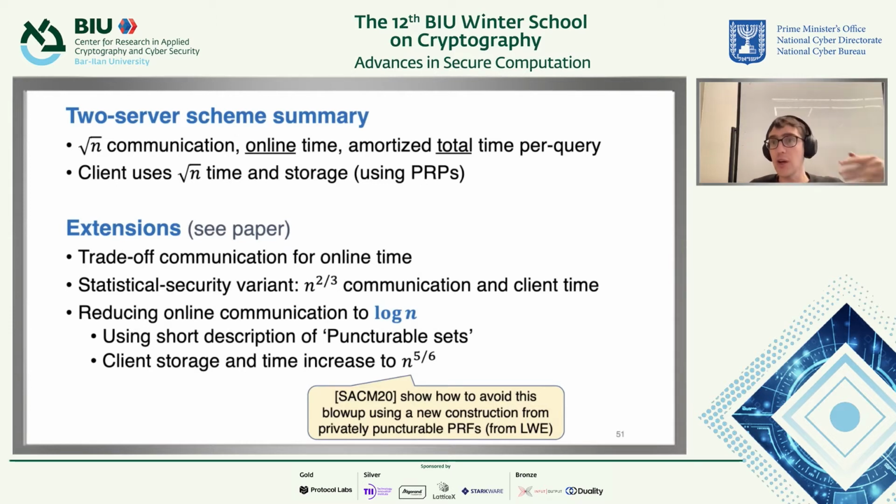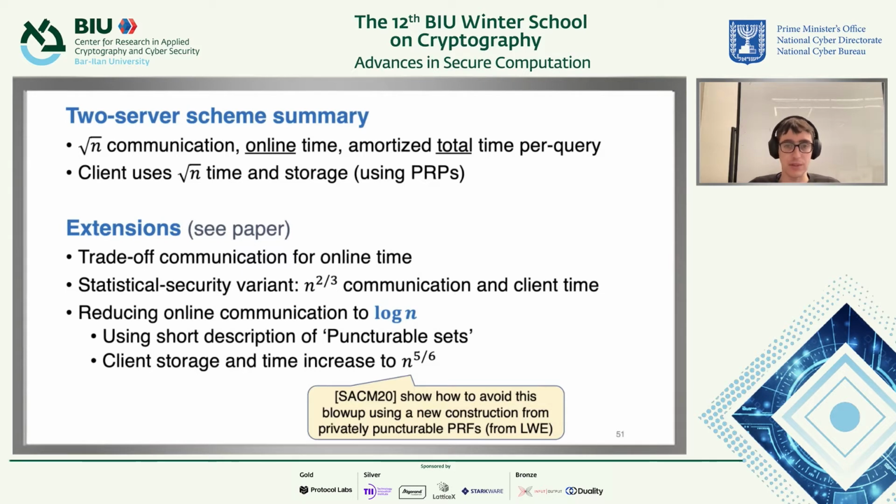So this is much closer to what you can get in the normal PIR setting. There is a caveat, that the client storage and time grow to n to the 5/6. So we save on communication and server time, but the client pays more costs. And actually, there's a more recent work that showed how to avoid this blow up.